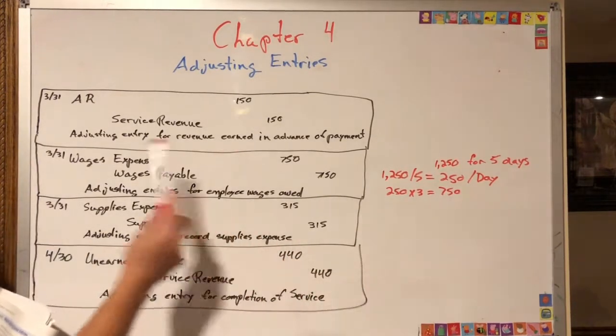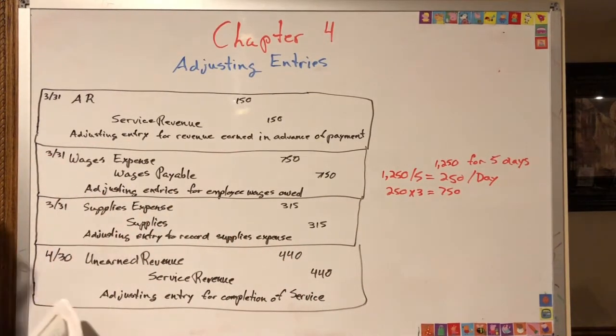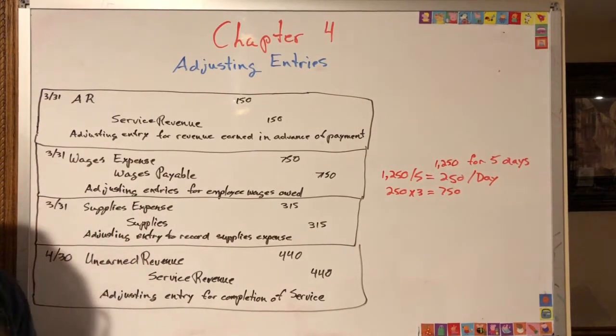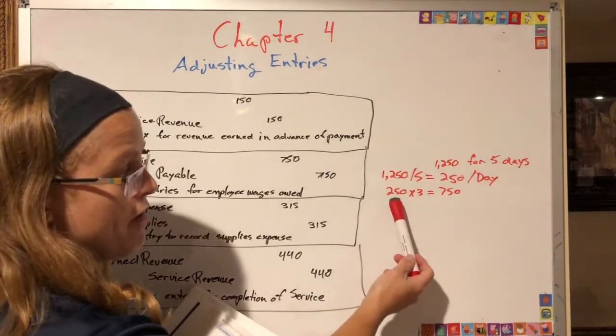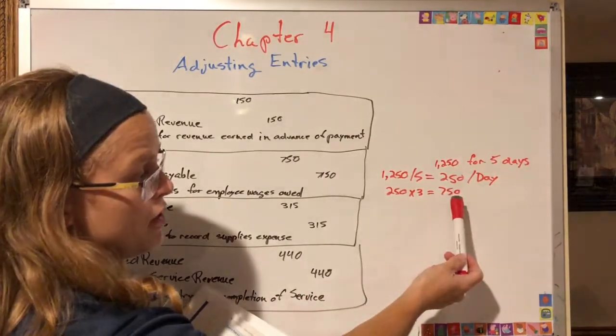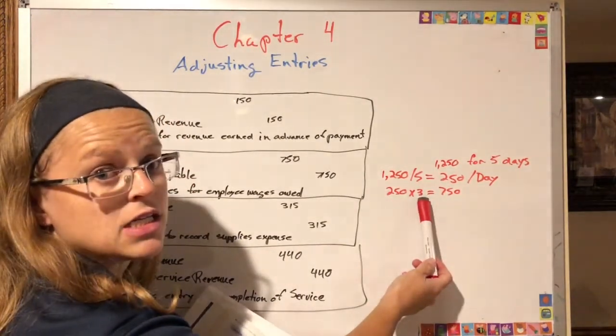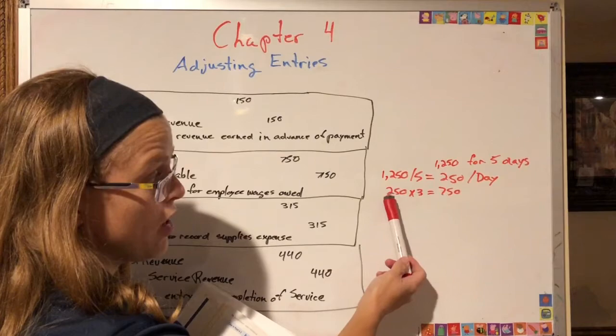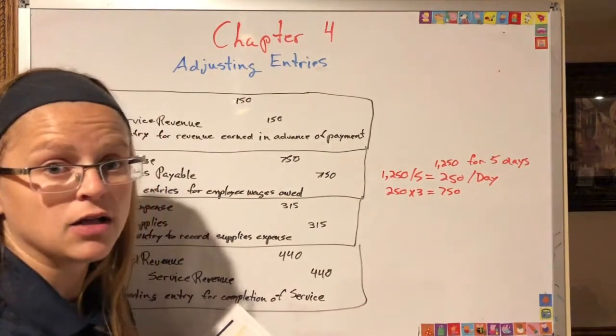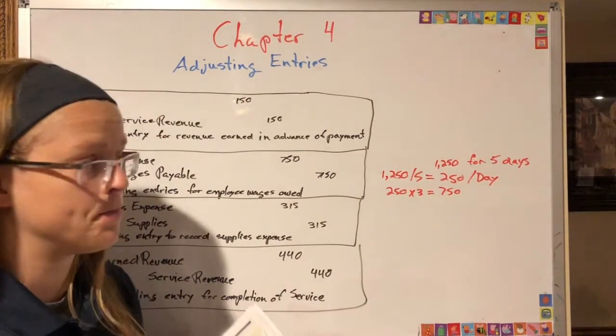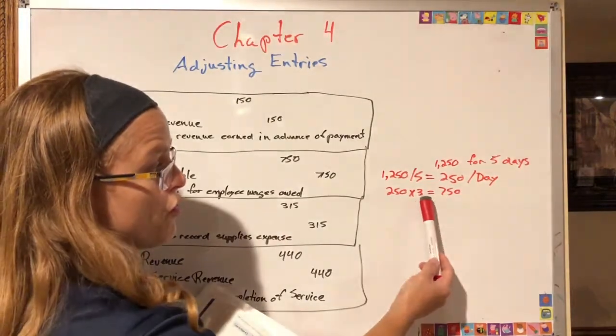And remember, our accounting period ended on a Wednesday, right? So they have earned a total of $750 because they've worked 3 days and are owed $750 because they don't get paid till Friday. So they're owed for those 3 days.